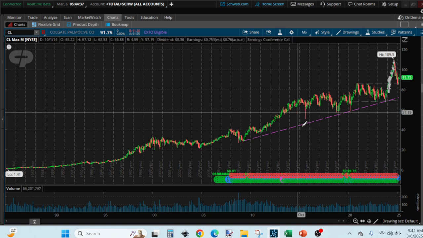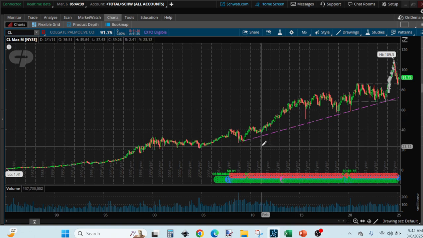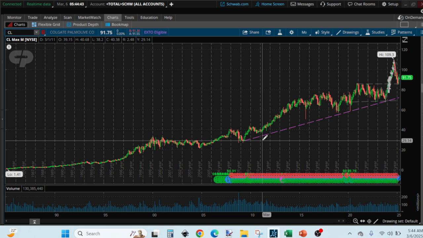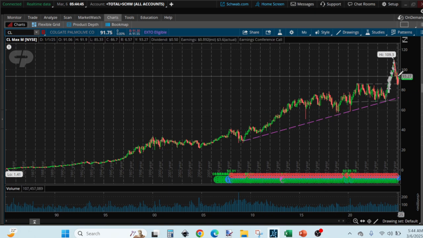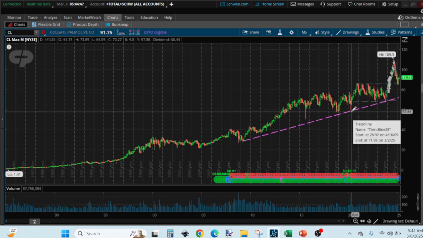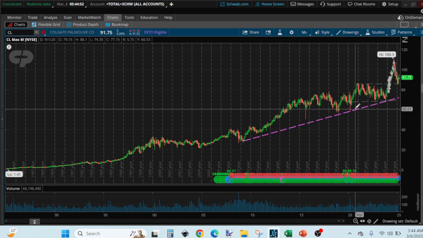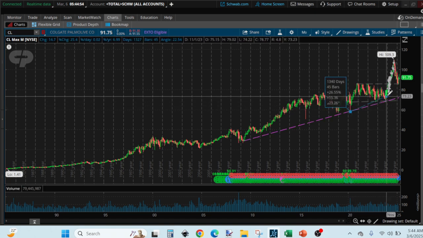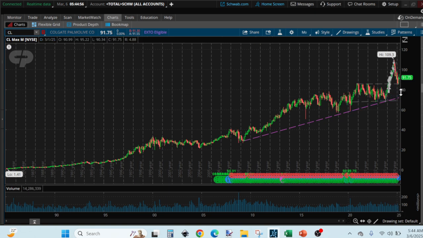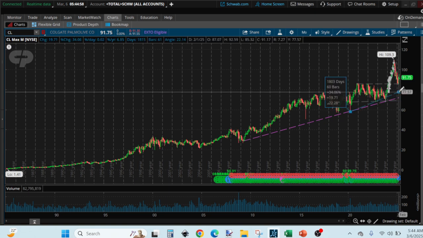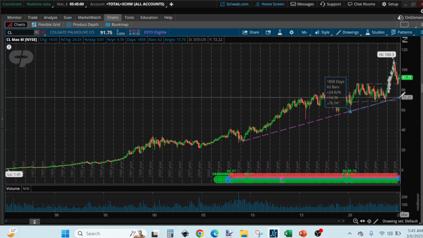So on this note though, let's go to the maximum monthly chart to see if we can have a better view of whatever is going on here. Let's see if we'll be able to even trace anything. If we trace those, it's not going to be too far from this one.